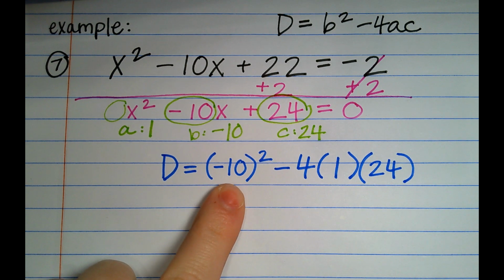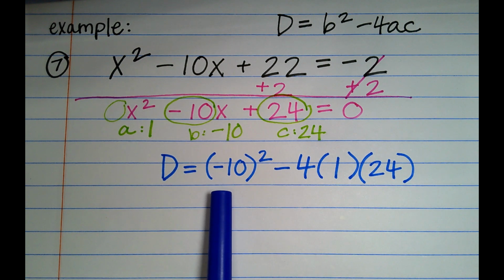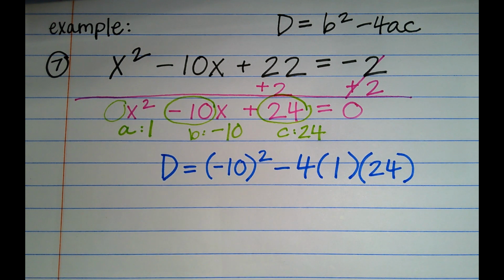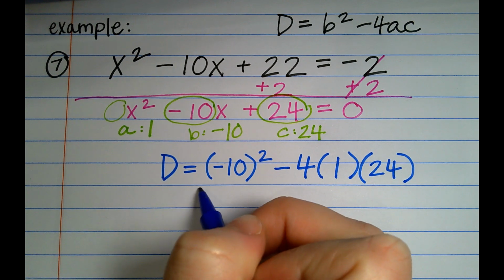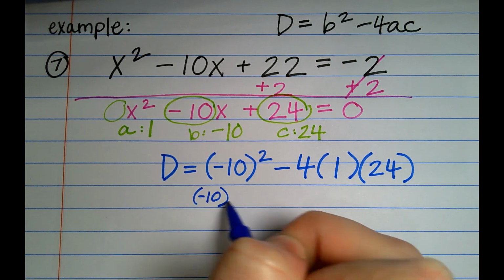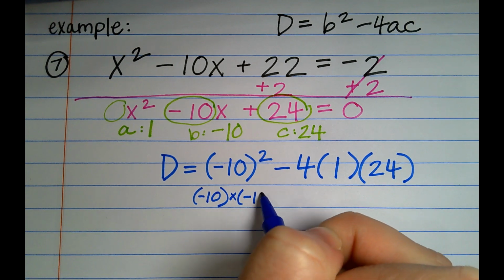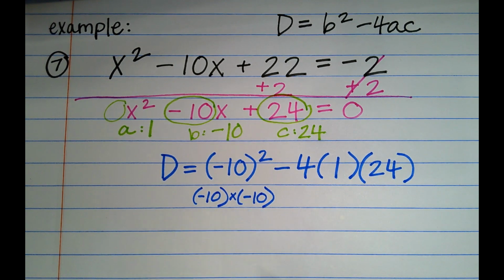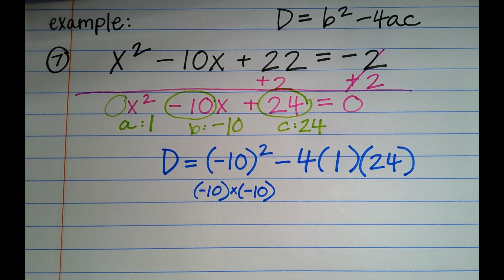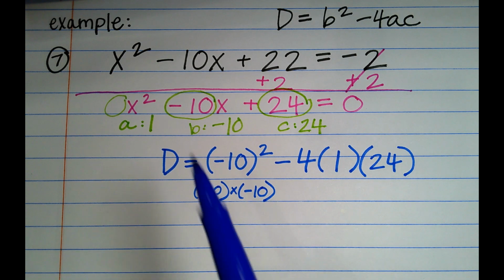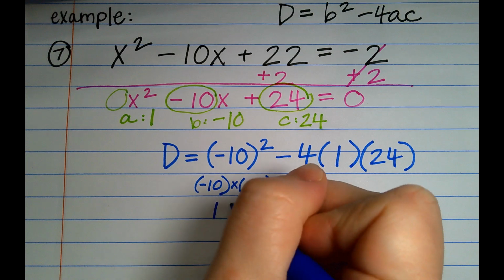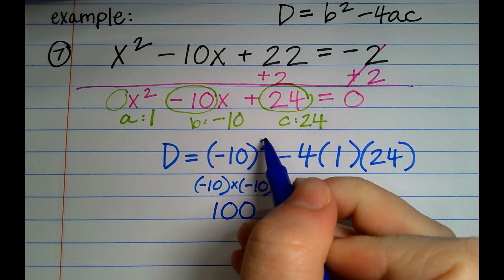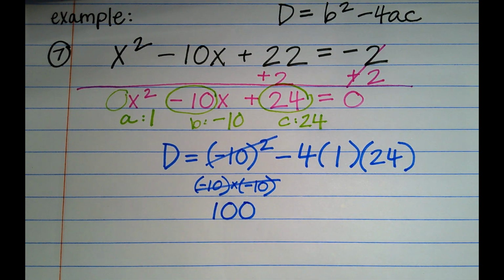When you're doing a number squared, you're taking that number times itself. You will never get a negative answer when you square something. So even though we're taking -10 squared, we're really doing -10 times -10. And 2 negatives give us a positive. So what is -10 squared? 100. Good. So we have simplified that first part.